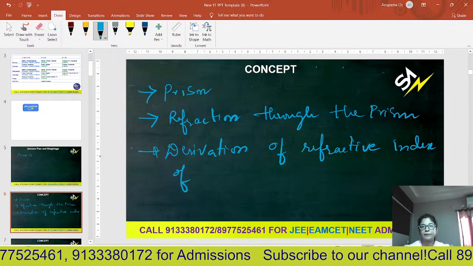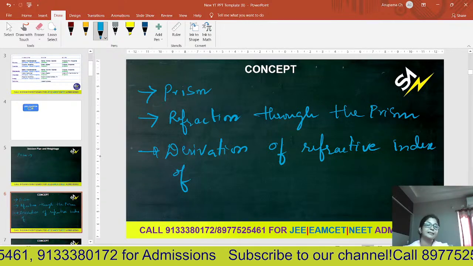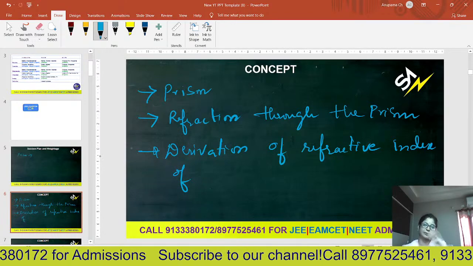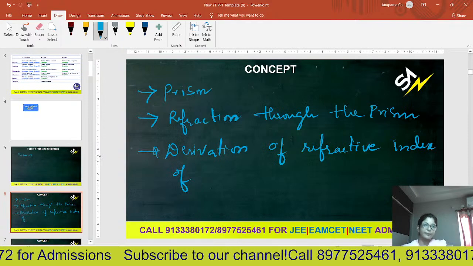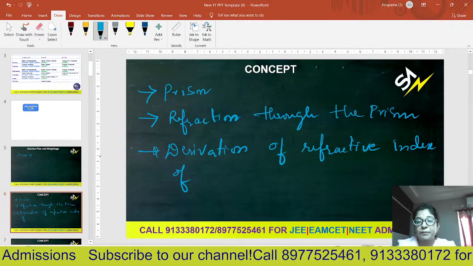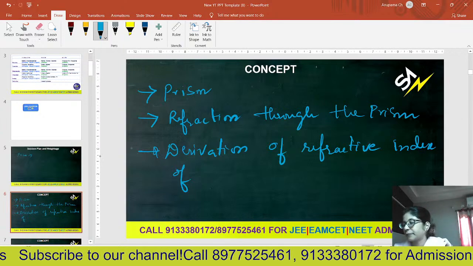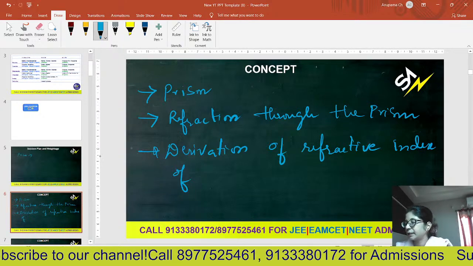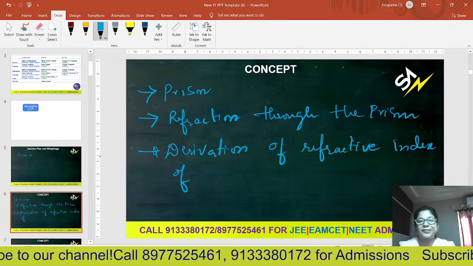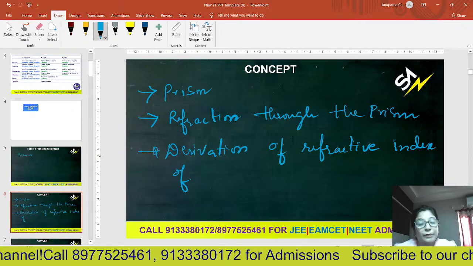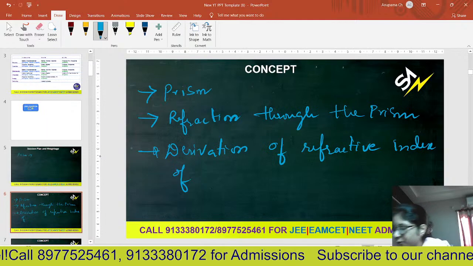Today we will learn this, and in our next session we will continue with small angled prisms. Today we will learn up to the refractive index of the prism, and then we will see a few applications if time permits. Otherwise, we will continue with this, because prism is a very interesting topic.